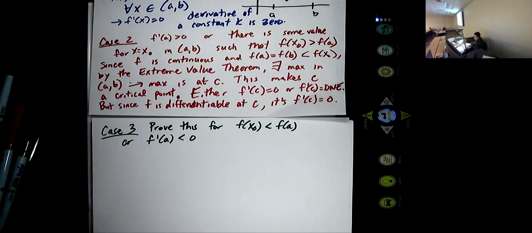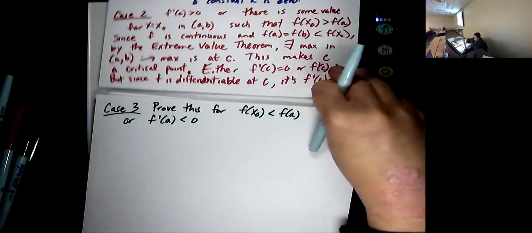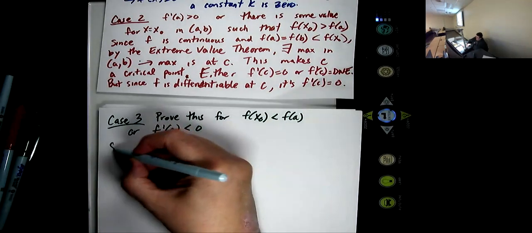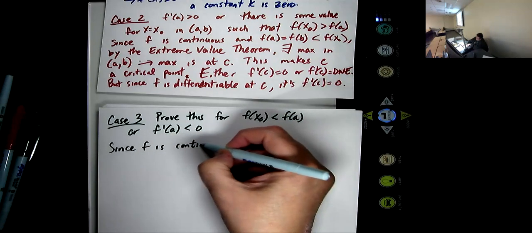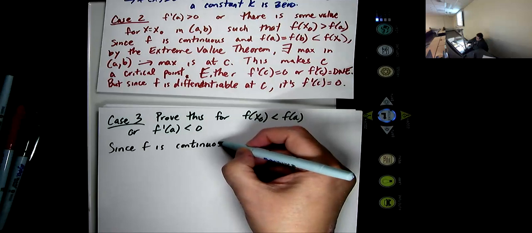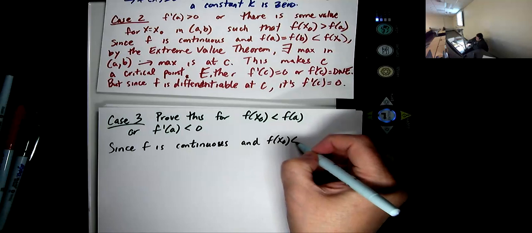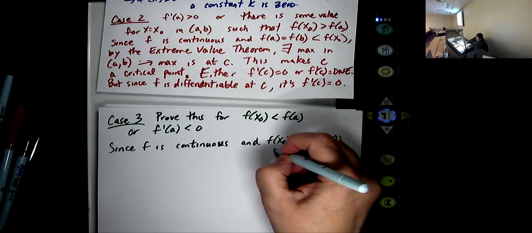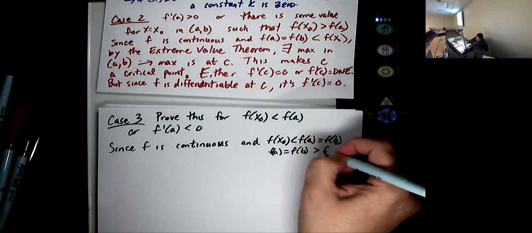All right, did you guys go through and do it? Get it figured out? Since f is continuous, and f of x naught is less than f of a, which is f of b. Alternatively, you could say f of a equals f of b is greater than f of x naught.